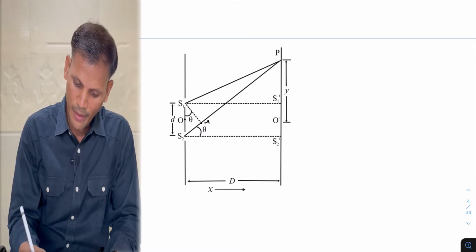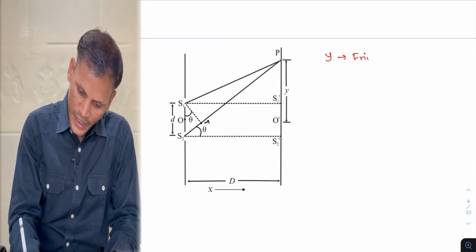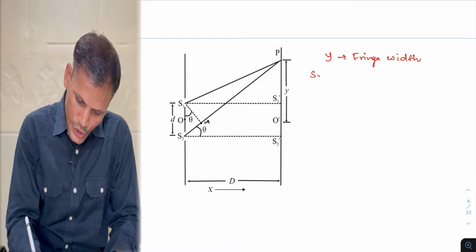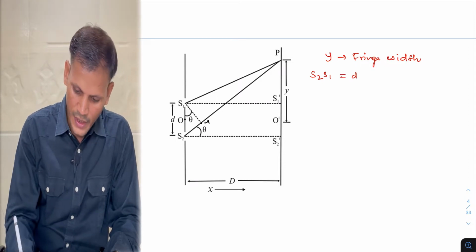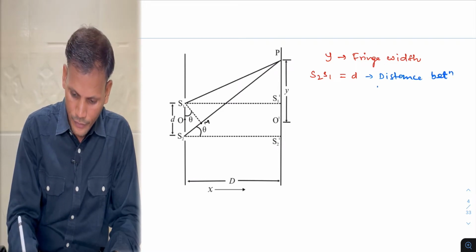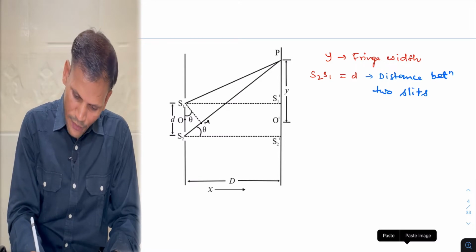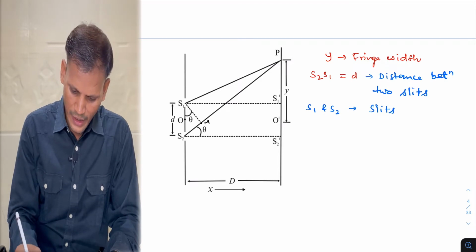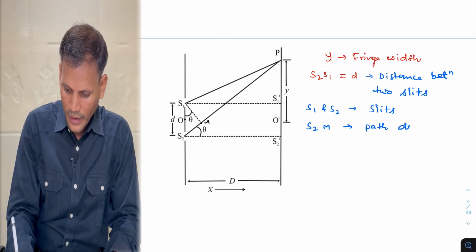So y is the fringe width, S1S2 is equal to d, the distance between two slits, and S2M is the path difference.